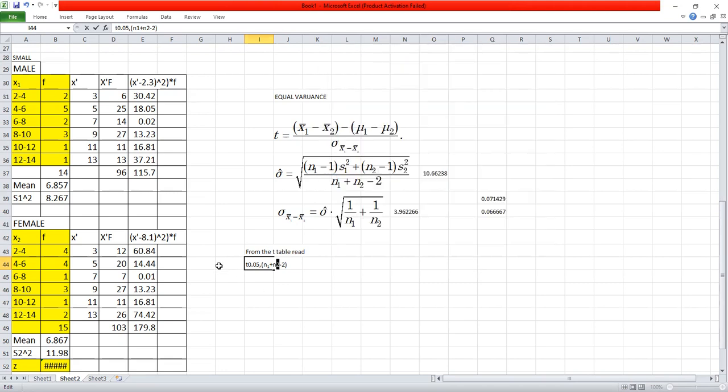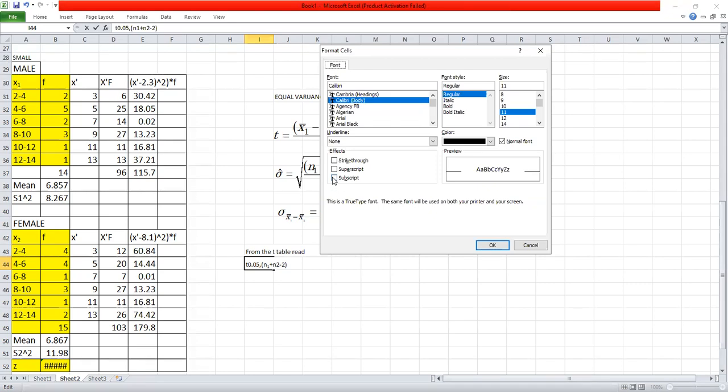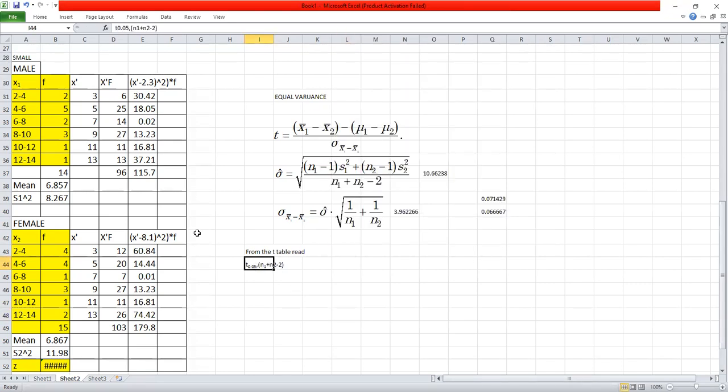And of course, this one is the same. It's also subscripted. So you go to the table, and that's what you look for. But critically, pay attention to how you get this from the table. Let me make this one larger so that you can see clearly.